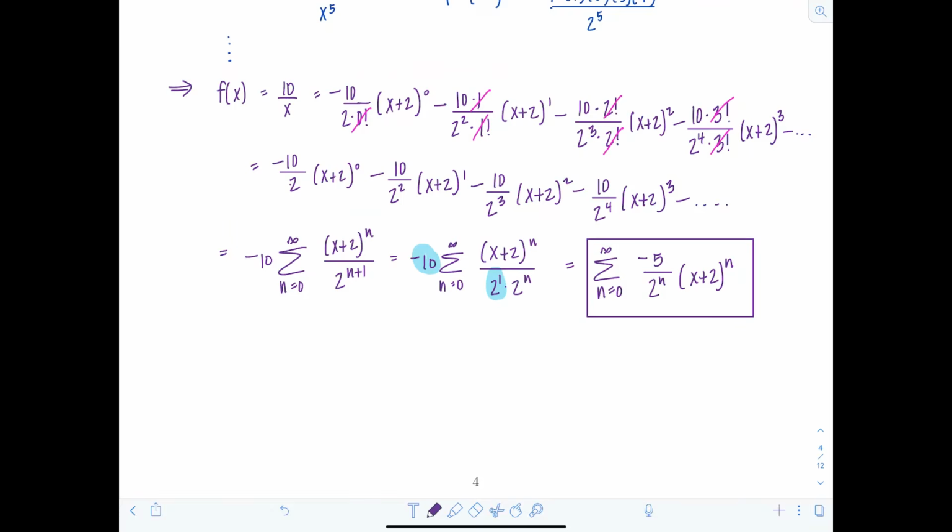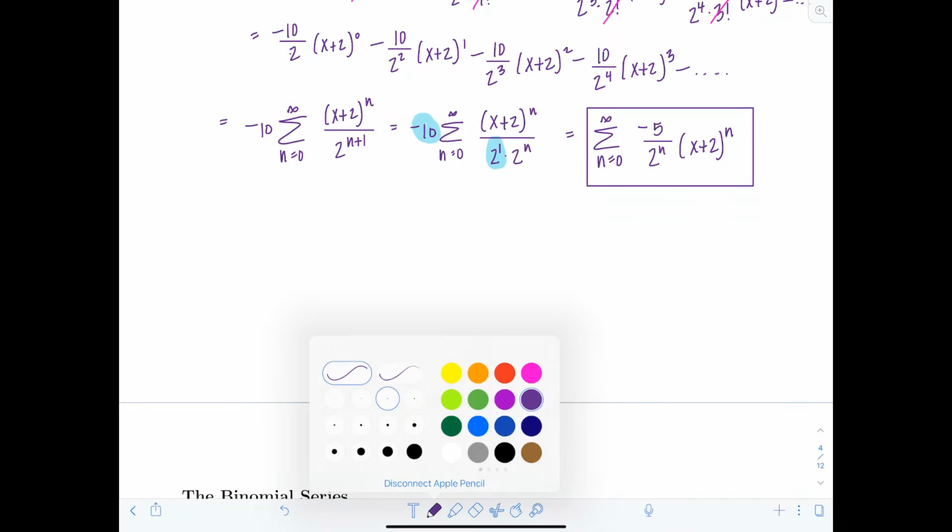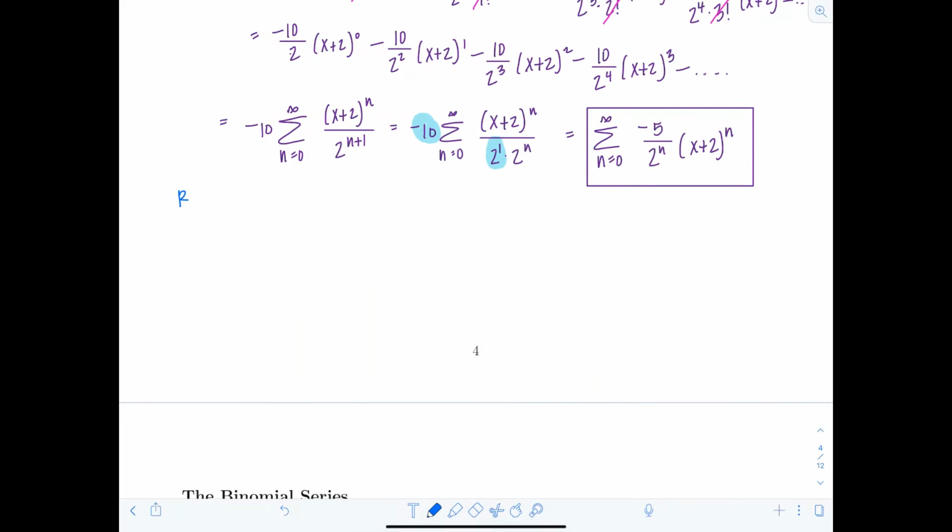Okay, well now I need to find the radius of convergence. So I'm going to take the limit as n approaches infinity, absolute value, a sub n plus 1 over a sub n. So this is going to be the limit as n approaches infinity.